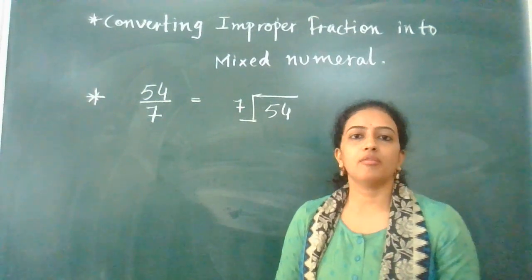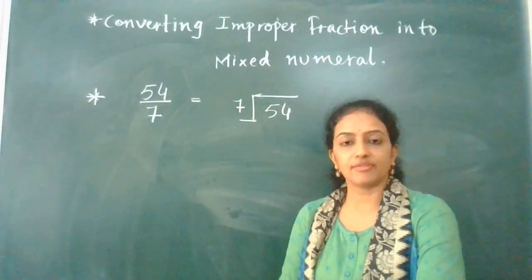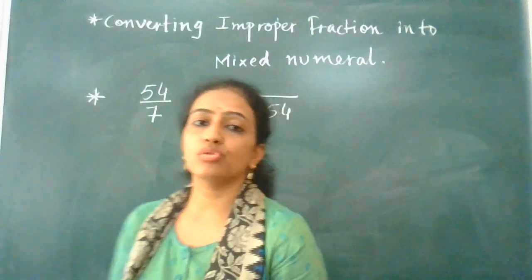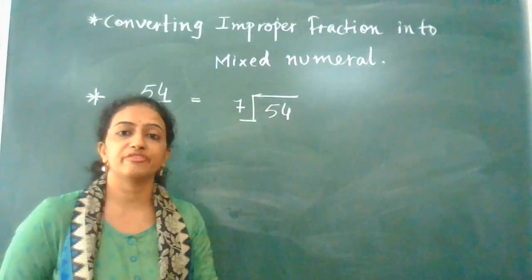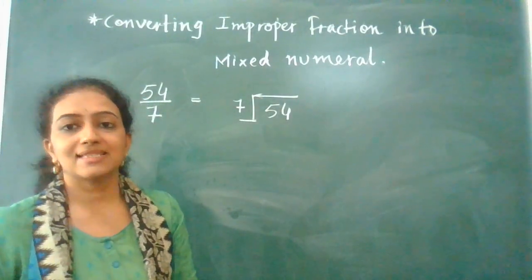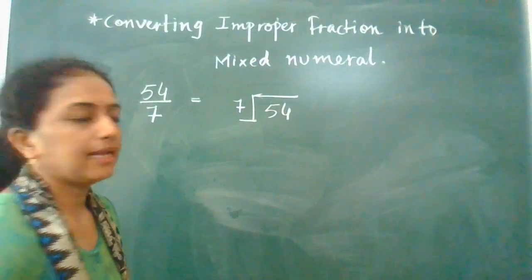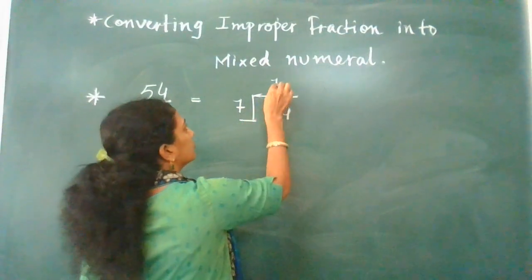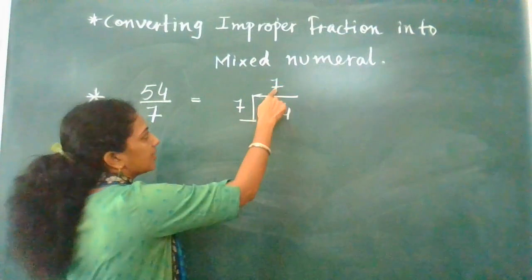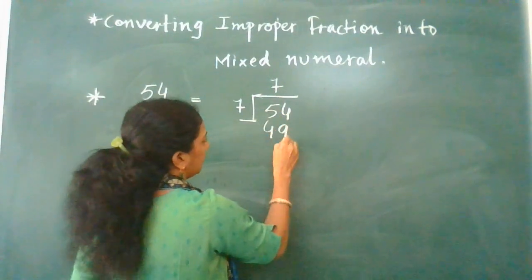When you go to 7 eights, it will become 56. So we can take 7 sevens are 49.